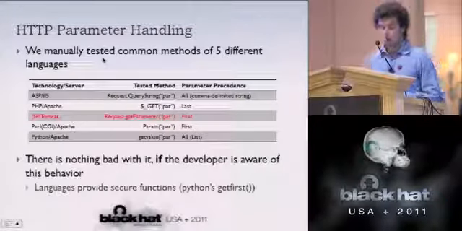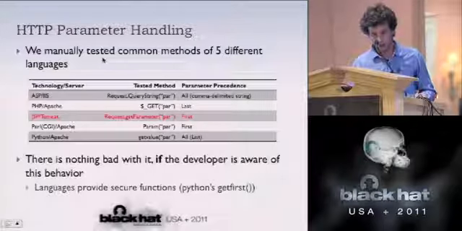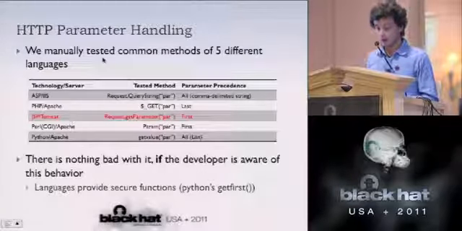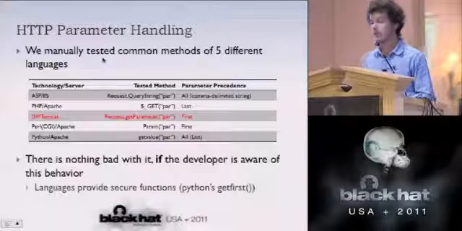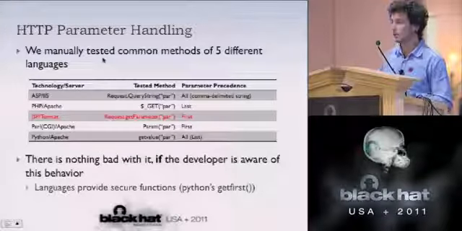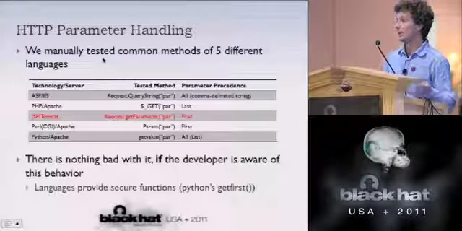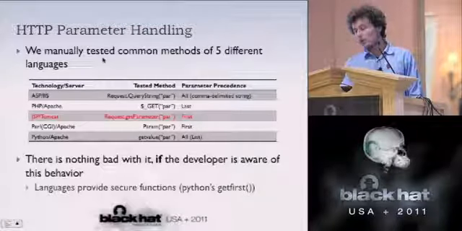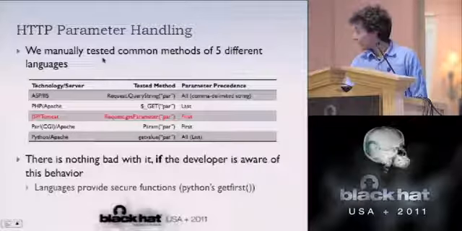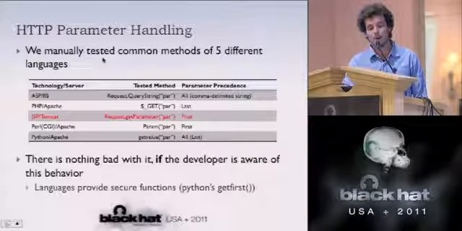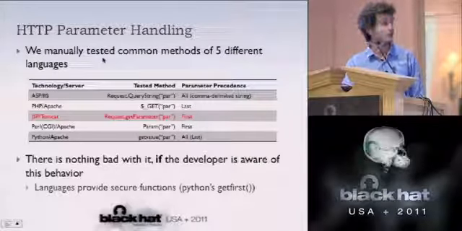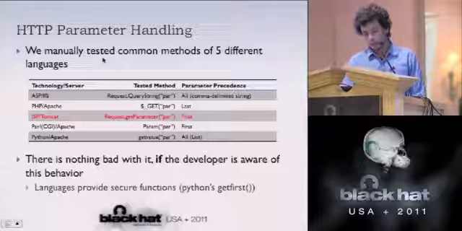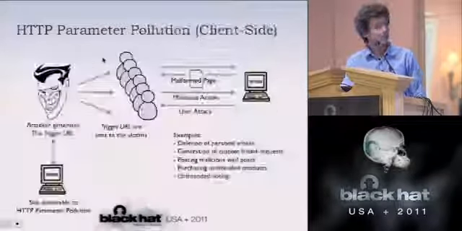This behavior depends on the technology you are using and on the different methods you use server side to retrieve the parameters sent by the client. There is nothing bad with this, if the developer is aware of this behavior. That is the big if, and that is the problem.